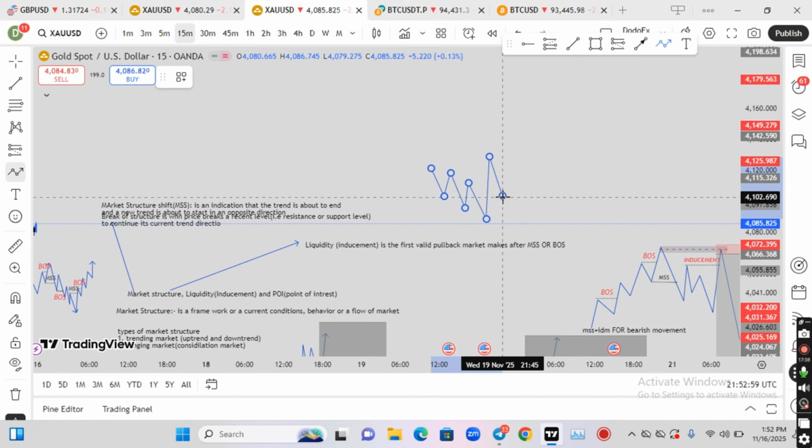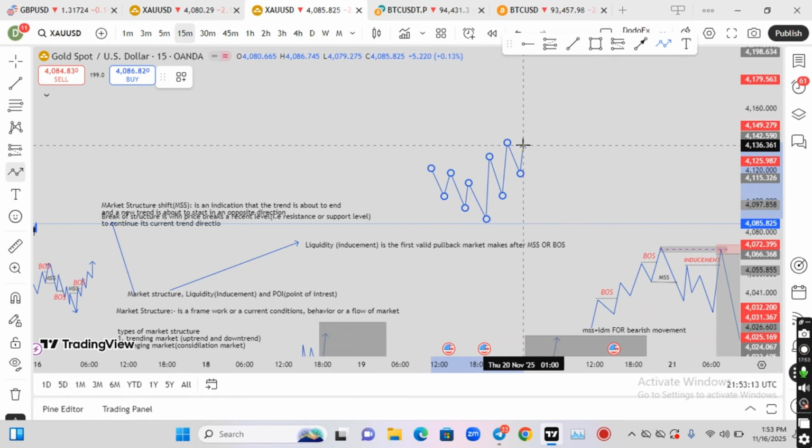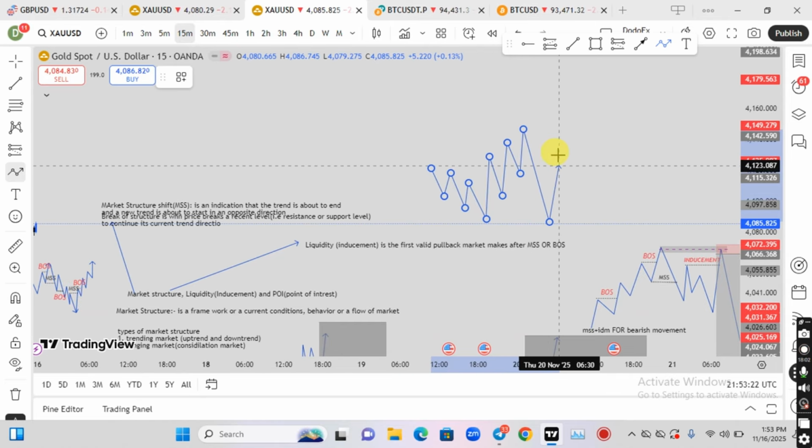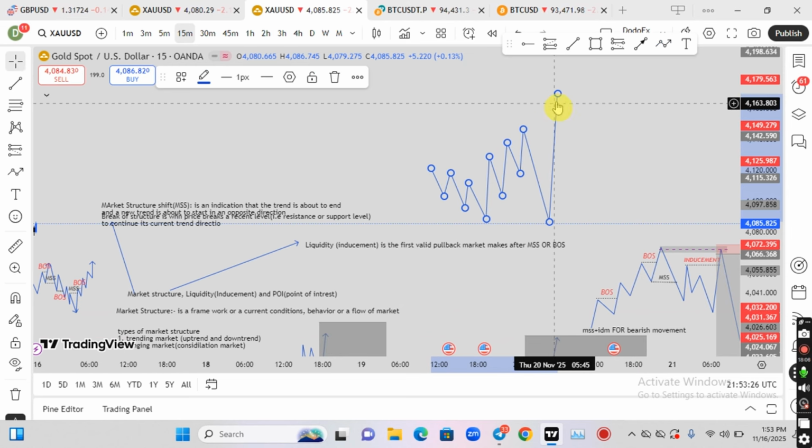For this first pullback to be valid, price has to come back again to the previous pullback and make sure it covers 50% of it, or if possible, breaks it. Then it comes back again, should be forming something like this, before it comes back to my point of interest here, and then moves up. Understand?